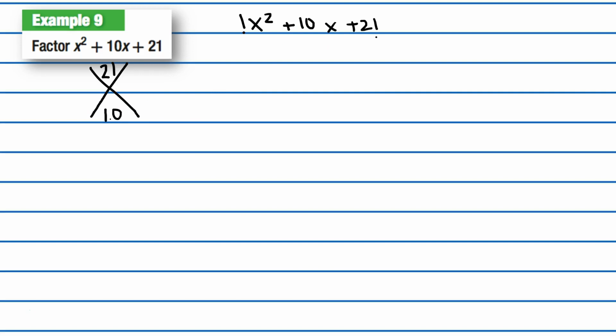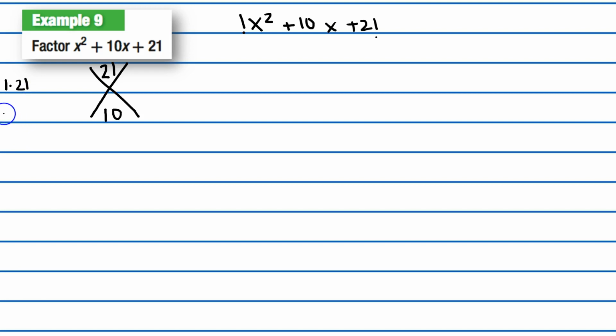So our goal is to find out what two numbers multiply to make 21 and also add up to equal 10. And also remember, you can have some positives and negatives, whatever way that you can make it work. So on the side I can write, I know that one possible option could be 1 times 21.